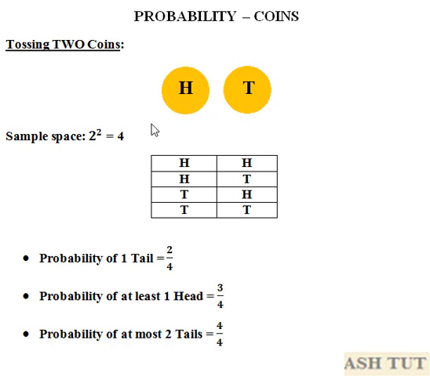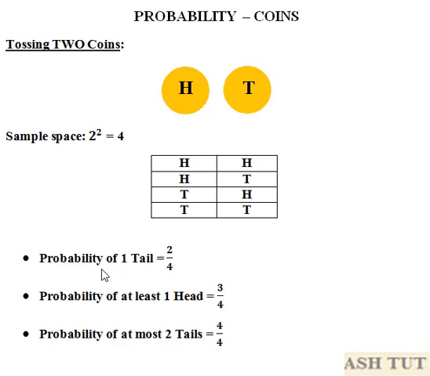And the 2 that is in the power means the number of coins. There are two coins. So the sample space for these two coins is head head, head tail, tail head and tail tail. There are 4 sets in the sample space.